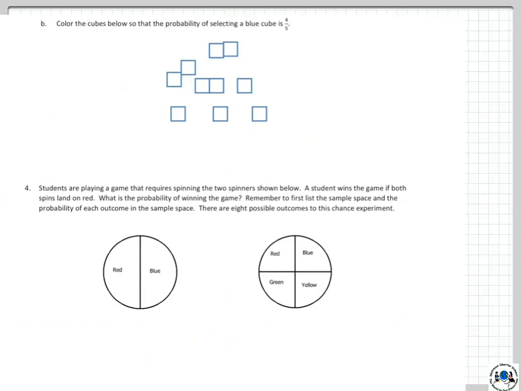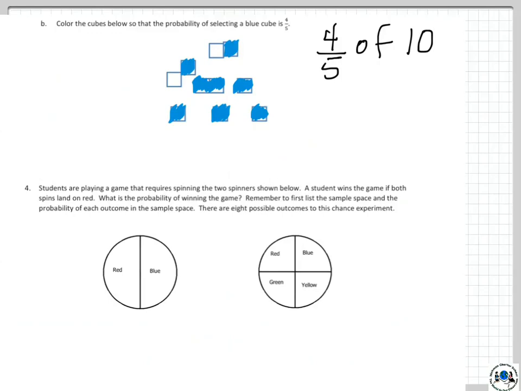Let's see what you got for this one here. Okay, this one might have been a little bit tricky, maybe, but I ended up coloring in eight boxes blue, and I'll show you why. I harkened back to something we'd done a long time ago. I need to figure out what 4/5 of 10 is.